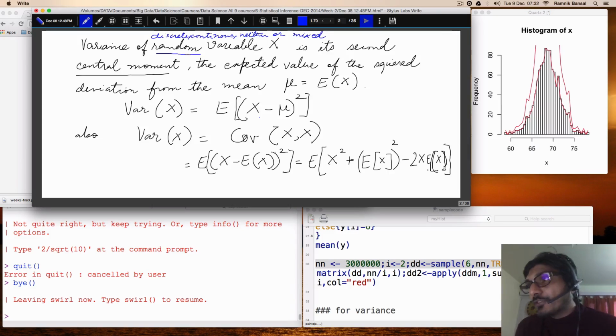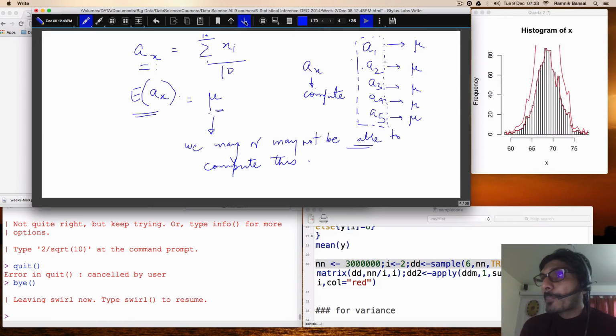Now expected value of x will be some constant, right? So overall the expected value of 2 into x into expected value of x will give me what? So I can replace this. It will become 2 into expected value of x into expected value of x, right? So it will become minus 2 into expected value of x the whole square, and we already have one term here, so this gets cancelled out. So basically what are we left with? We are left with this.